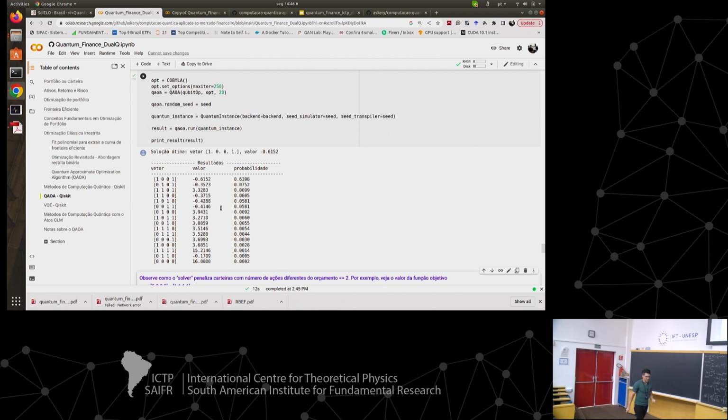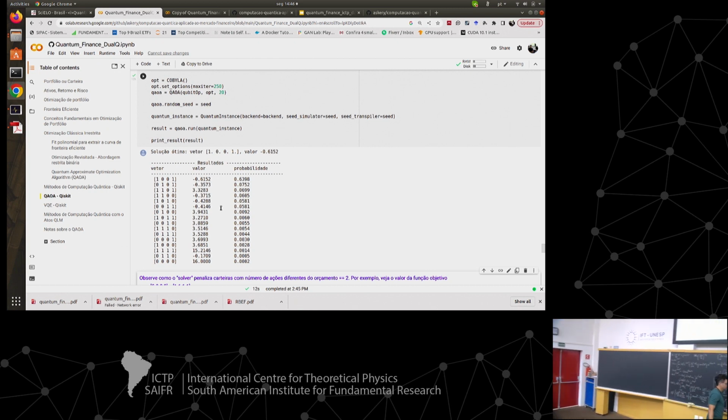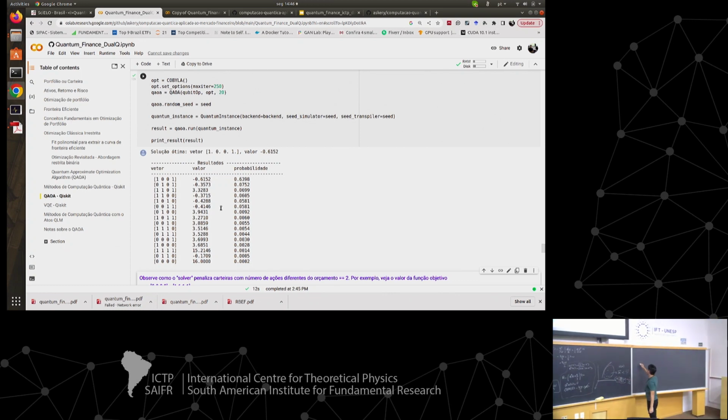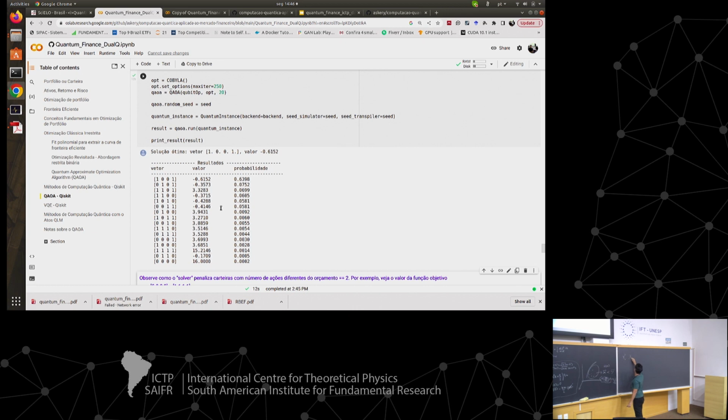For instance, for the first stock, you can have this. Just the first one, right? And then this string can be translated into the fraction. How can you do that?